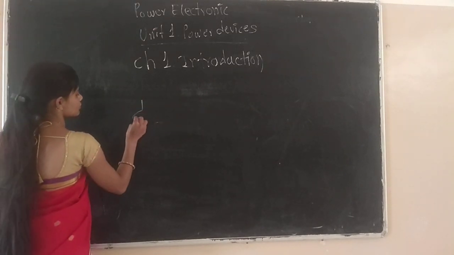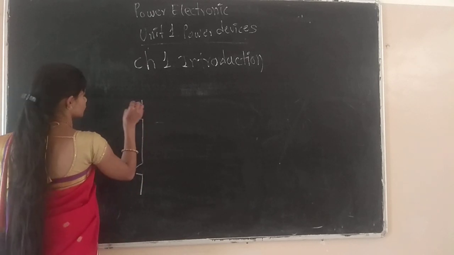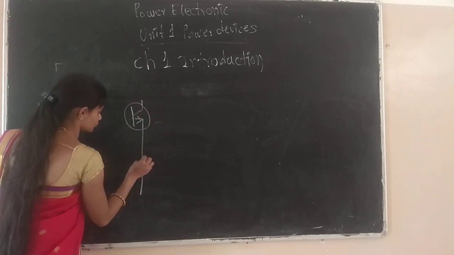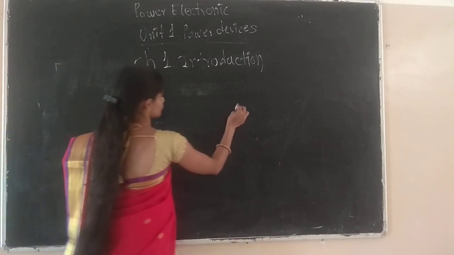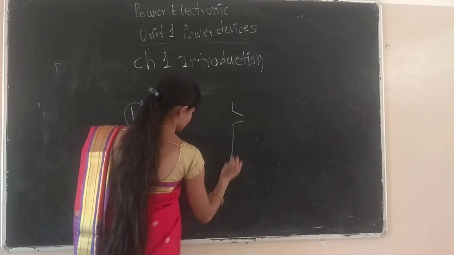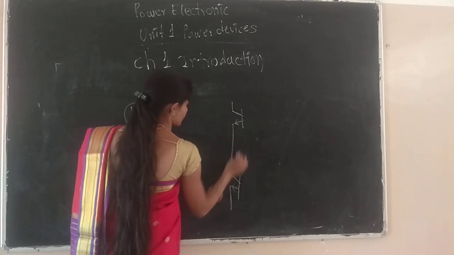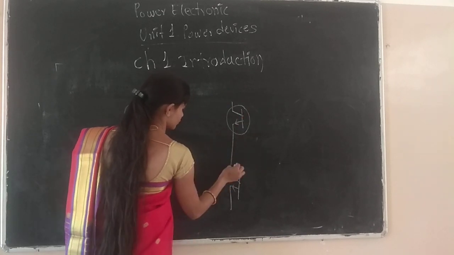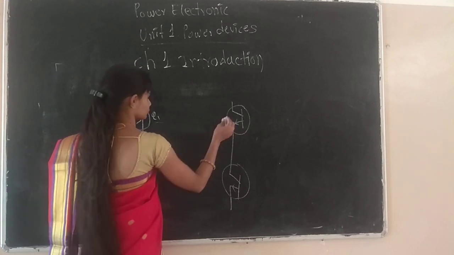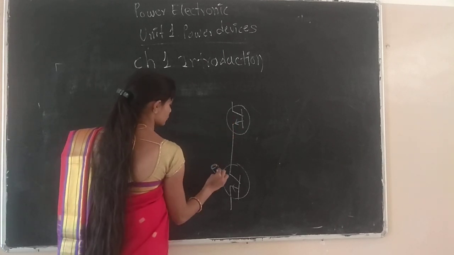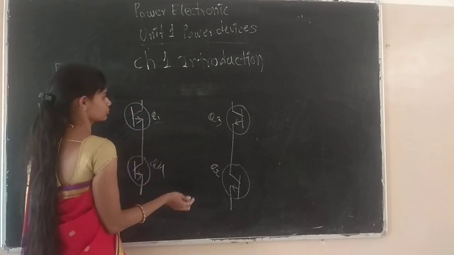Here the transistor is Q1, Q2, Q3 and Q4.